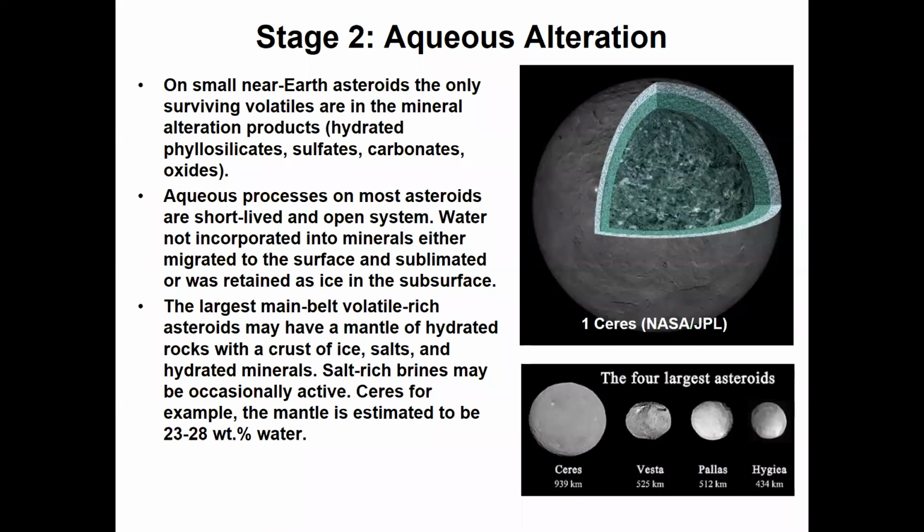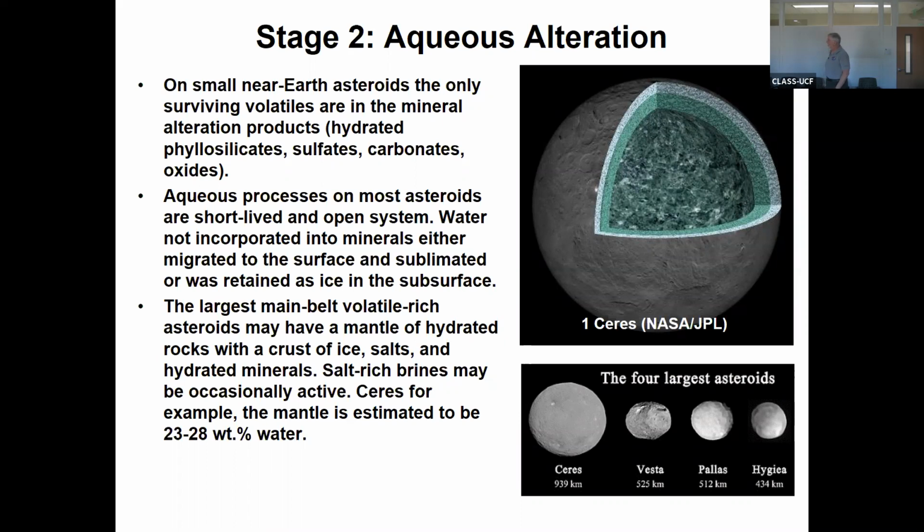So we just finished the mission orbiting Ceres, and we're still puzzled by a lot of the things we saw on Ceres. But it's quite reasonable to suggest that the mantle of Ceres is a quarter by weight water, and that it retains a lot of salt-rich brines, and certainly hydrated minerals, and probably ice.